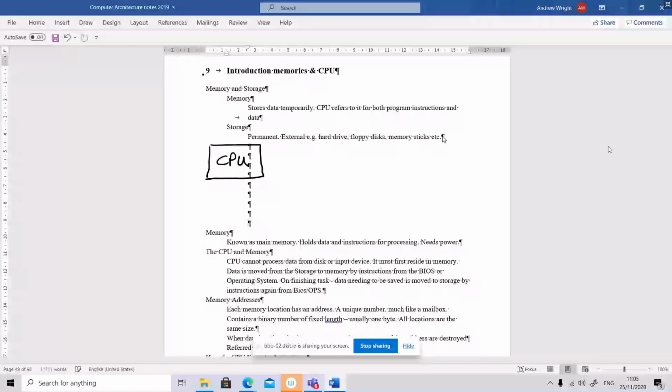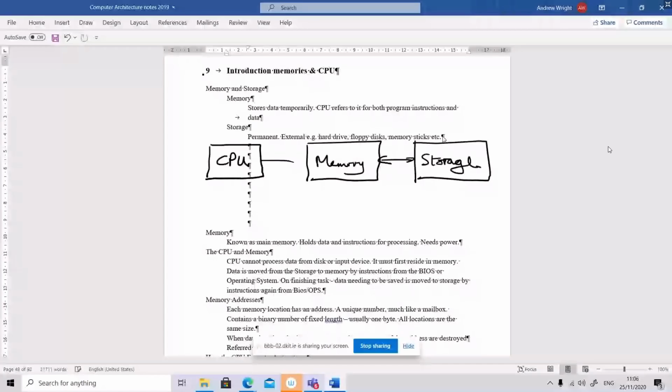The other is what they call memory, and the other, which I call storage. And these feed information into one another. So the CPU gets its information from the memory, and the memory gets its information from the storage.